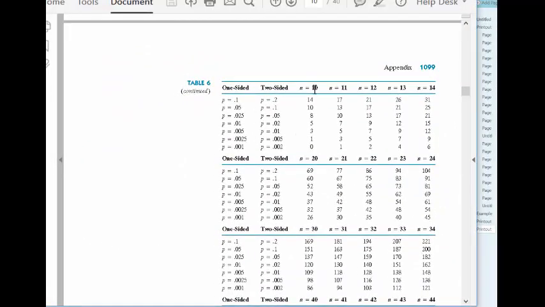In here, N is 10, and then two tail, and my alpha is 0.05. So I am in this row. So my critical value is 8. That's my critical value, 8.